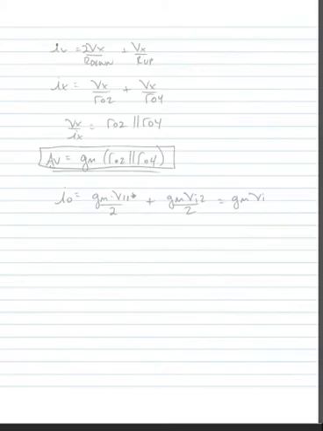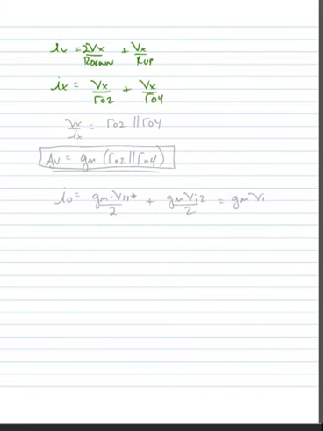So when we solve for this, we find Ix is equal to 2Vx over R down plus Vx over R up. When we make our substitutions for R down and R up, we find Ix is equal to Vx over RO2 plus Vx over RO4.